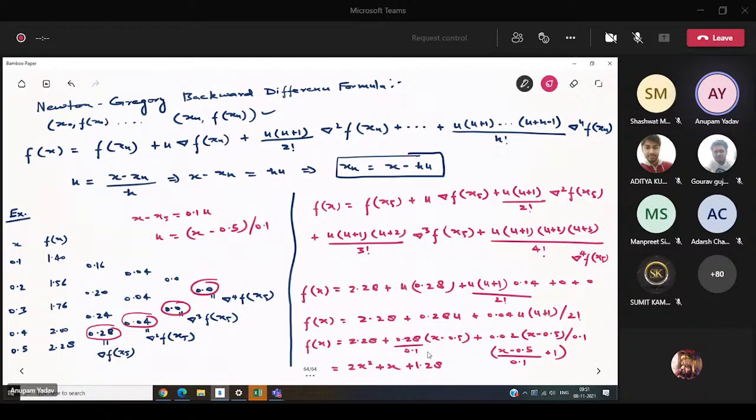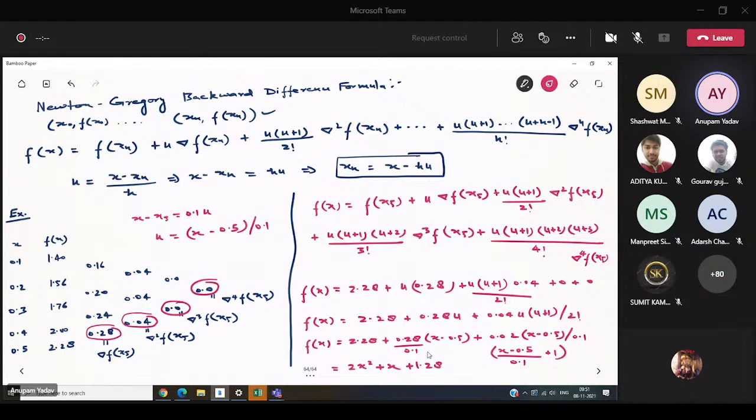So depending on where the value is asked, for example if it is asked to get the value of f at 0.45, and that 0.45 is lying in the lower part of the data, in that case we should use the Newton backward difference formula.